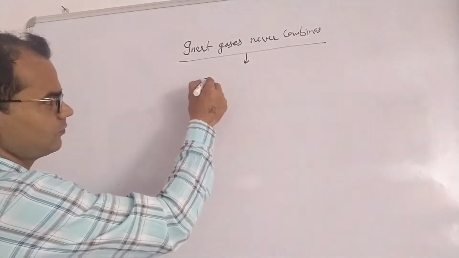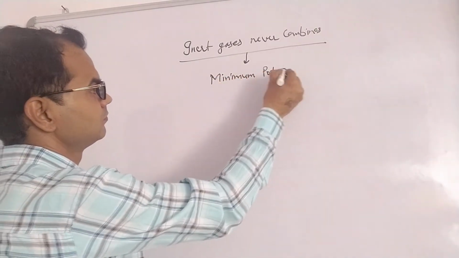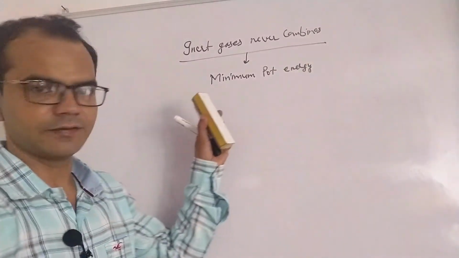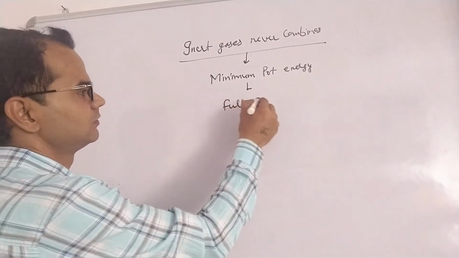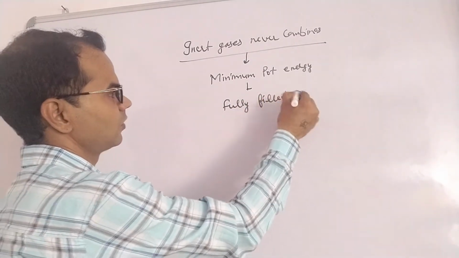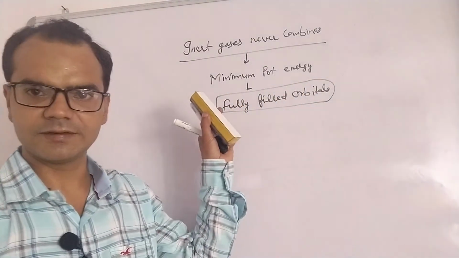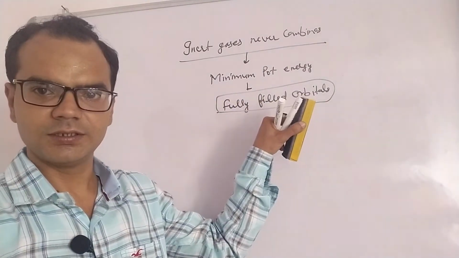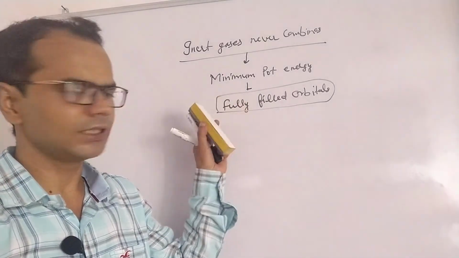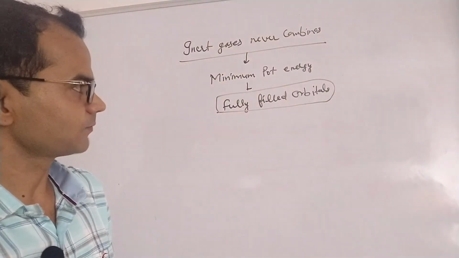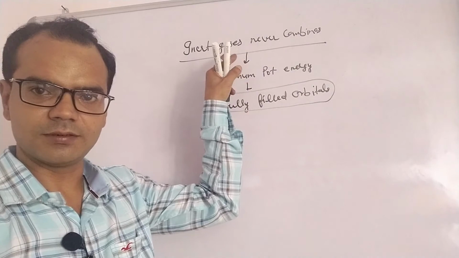Because they already have their minimum potential energy due to the presence of fully filled orbitals. They don't need to gain electrons, lose electrons or share electrons. But other elements combine to achieve inert gas configuration, to become stable.